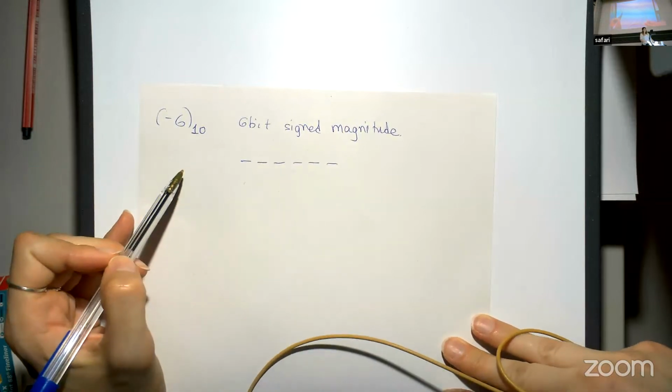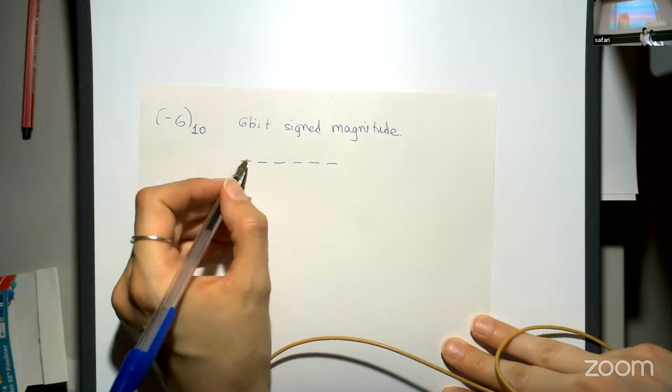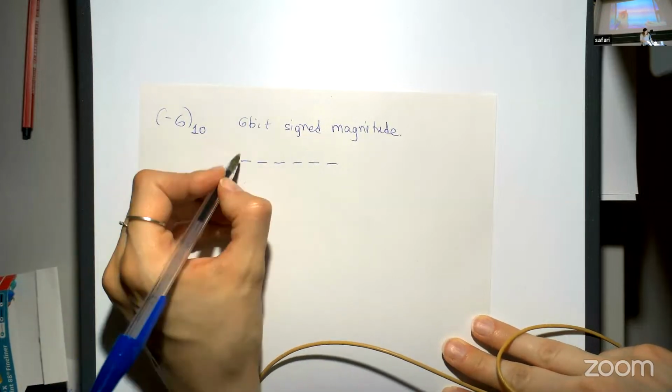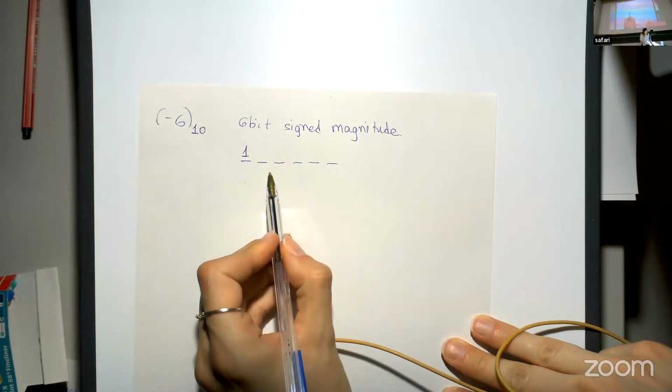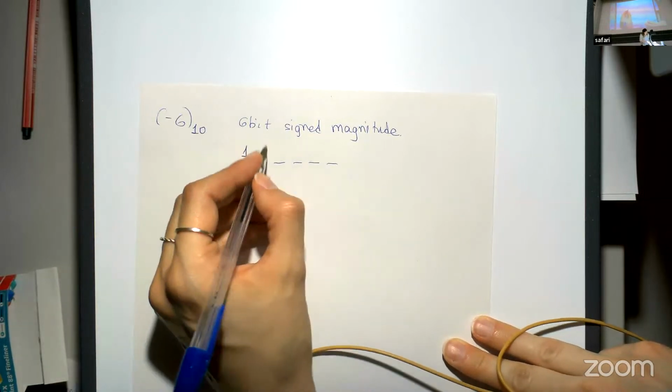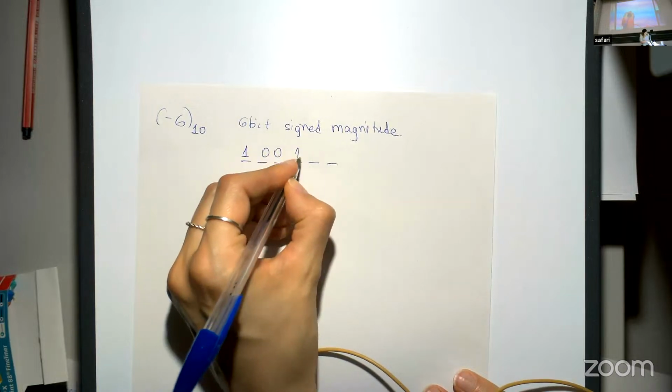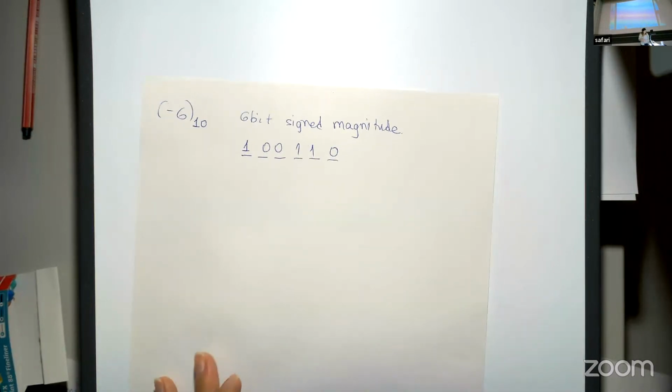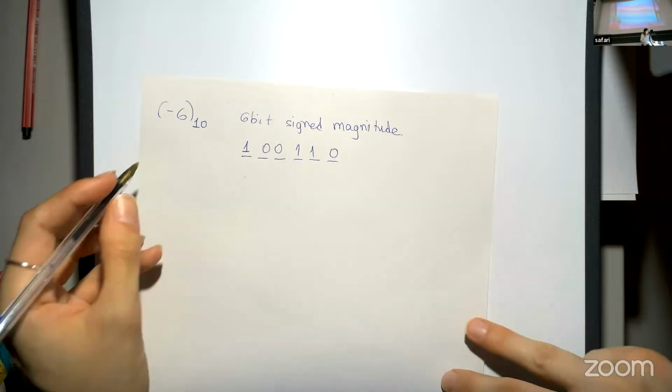In this case, we have a negative number, therefore the most significant bit would be 1. The rest of the bits are utilized for the absolute value of 6. So this would be the solution of this question. Any questions? Okay, we move on to the next number.